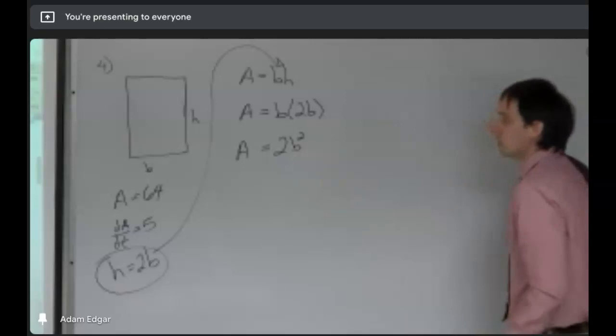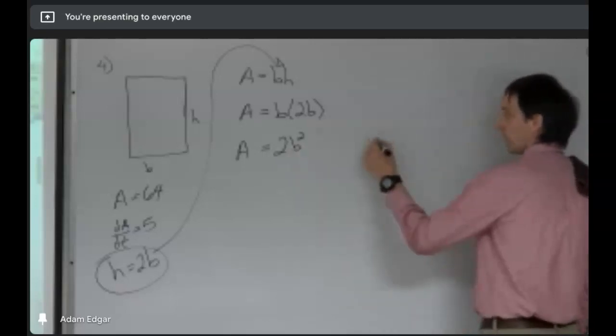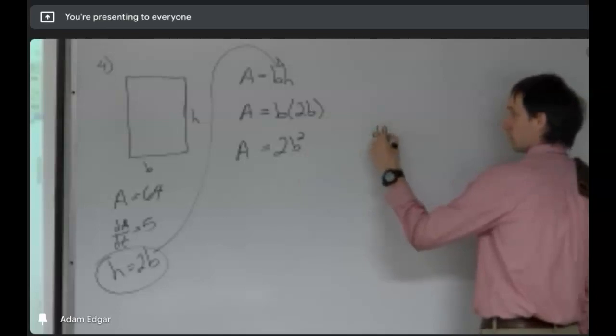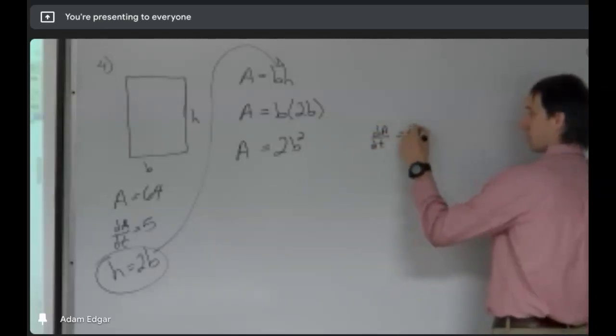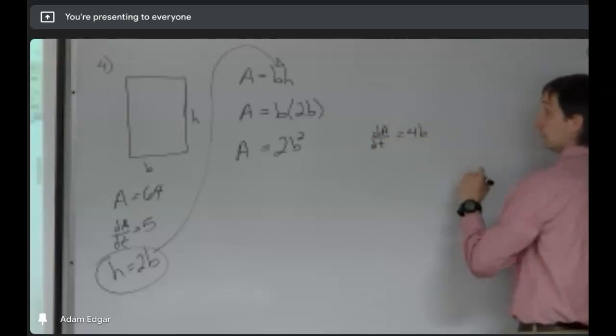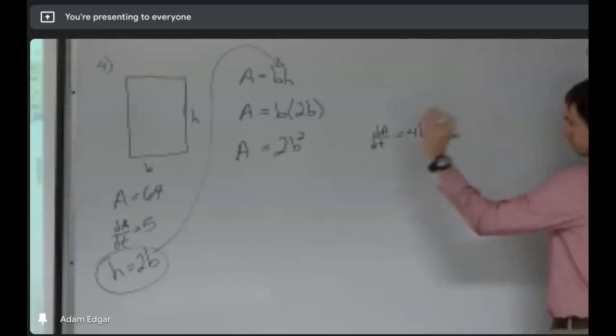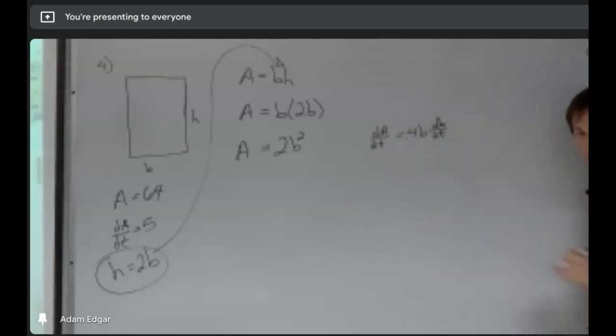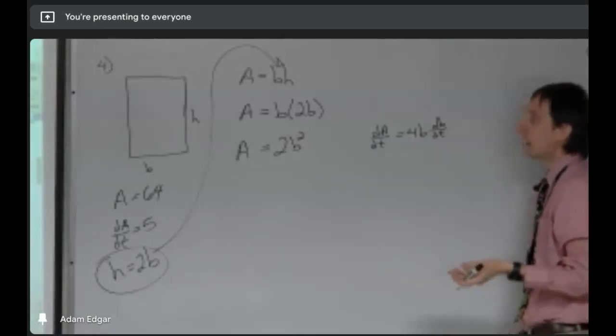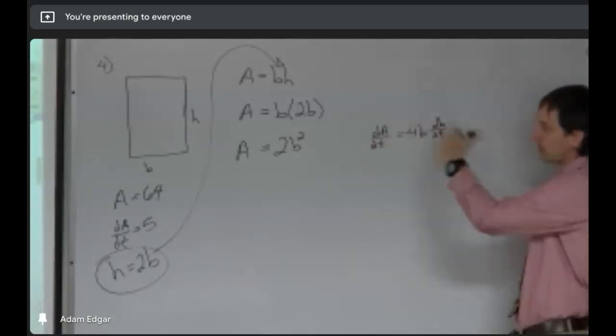So get the derivative now, and what do you get? dA/dt equals 4b db/dt. You don't need product rule because you eliminated the h variable by turning it into 2b.